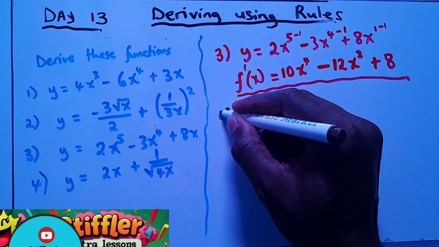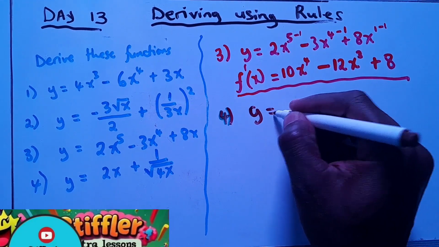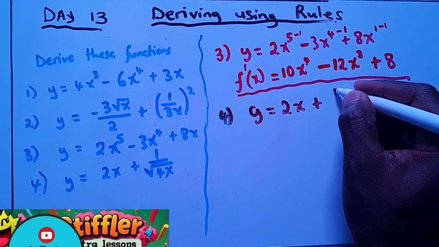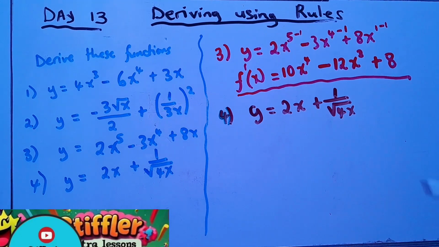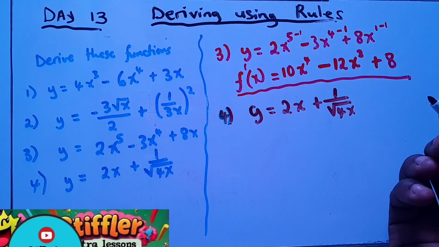So our number 4, we have y equals 2x plus 1 over the root of 4x. So again, our main objective is to first put this in a straight line form, right?